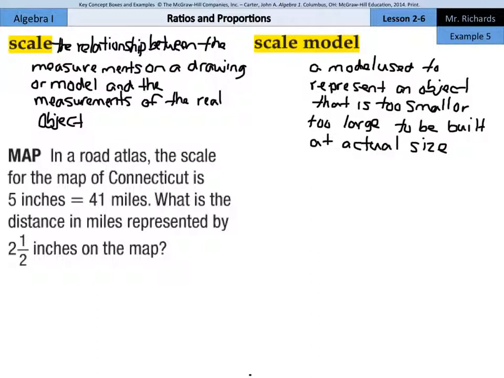A lot of the times you'll see scale models for buildings when architects are putting together a plan. Also, you'll see scales on maps.